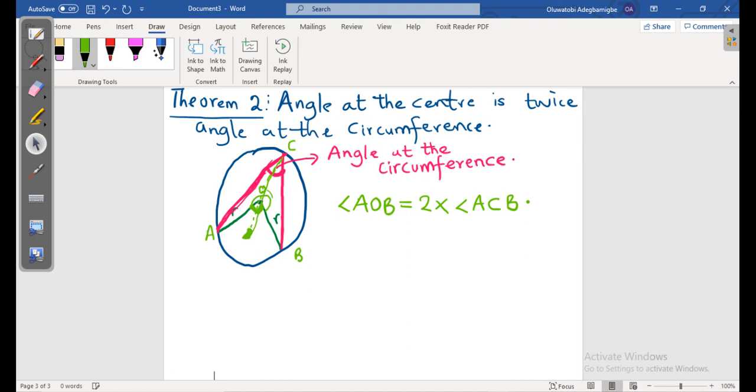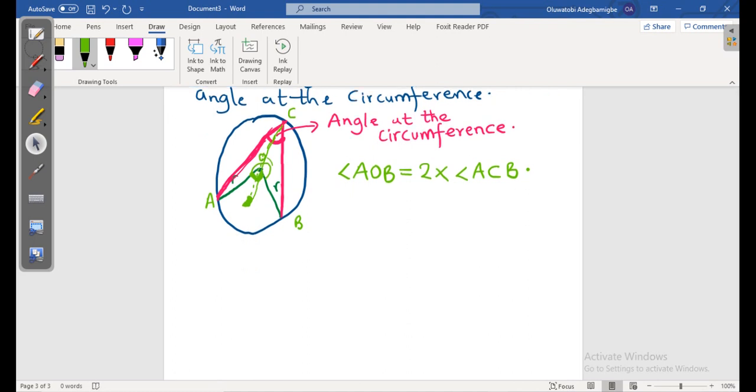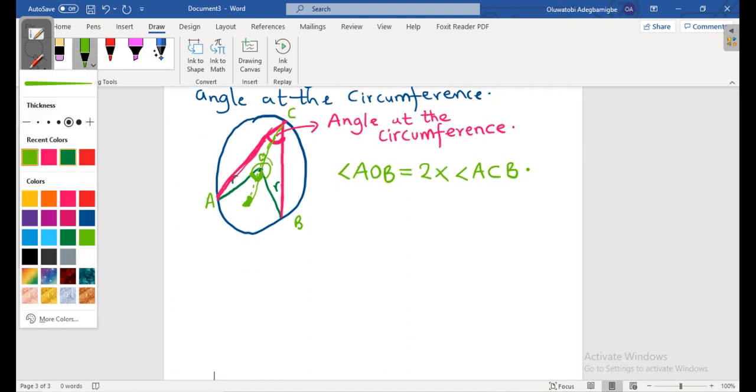The other part of this theorem is when you have it this way.